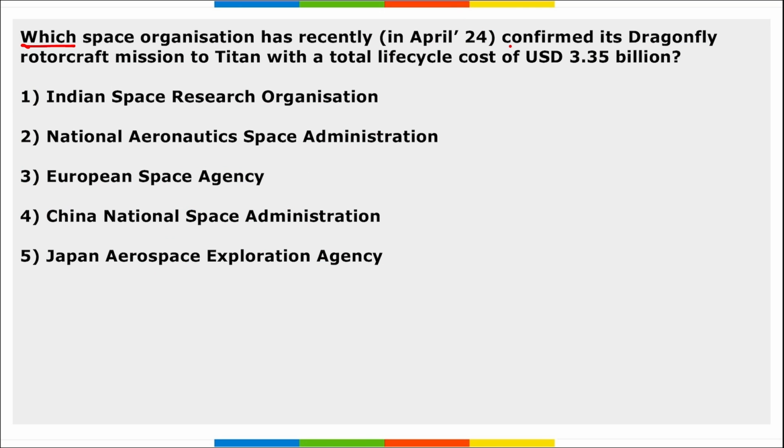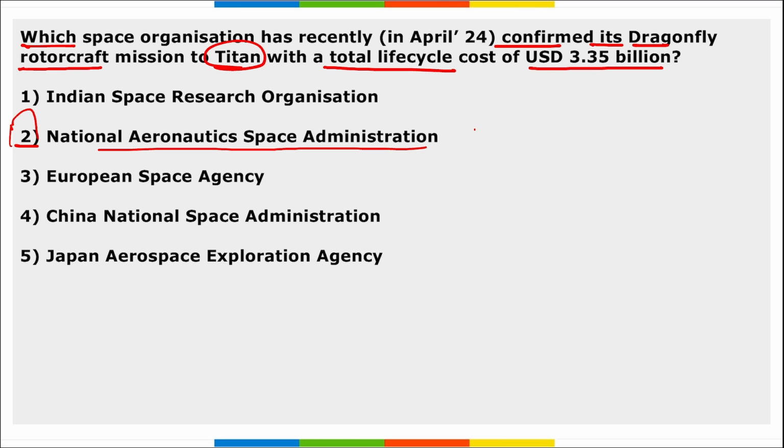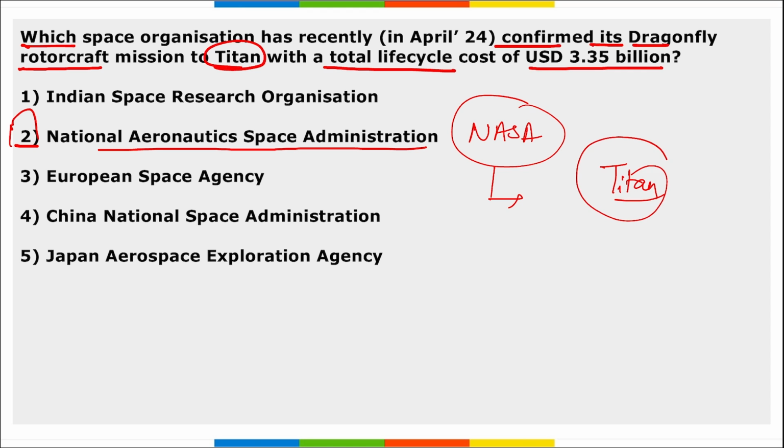Next, which space organization has recently confirmed its Dragonfly rotorcraft mission to Titan with a total life cycle cost of $3.35 billion? It is NASA, National Aeronautics and Space Administration, right? NASA. They have confirmed their Dragonfly rotorcraft mission to Titan. What is Titan? Titan is the largest moon of Saturn, right?